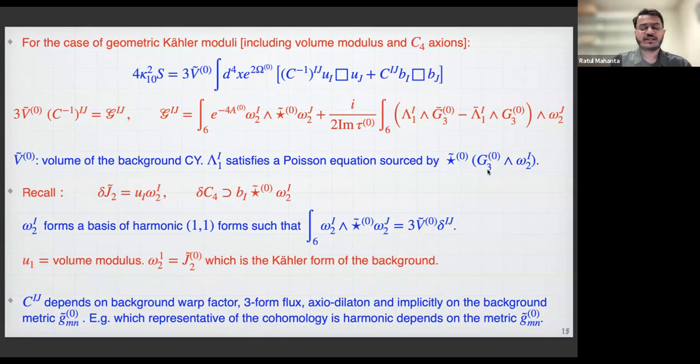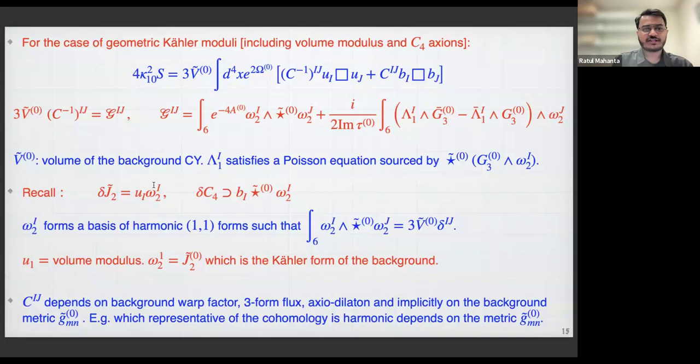And typically in a Calabi-Yau with a non-flat metric, a product of harmonic forms is not harmonic, and therefore these are non-trivial contributions which can be solved in terms of some Green's functions.